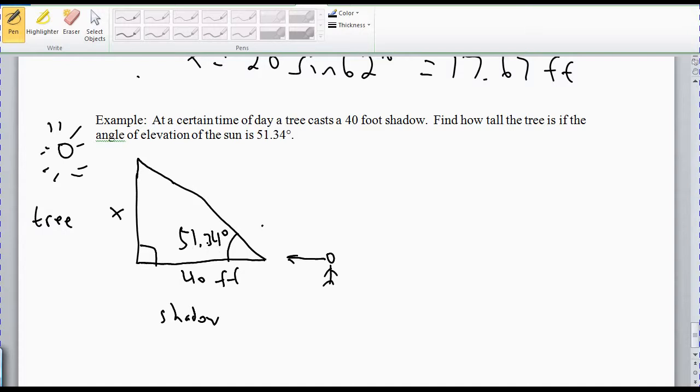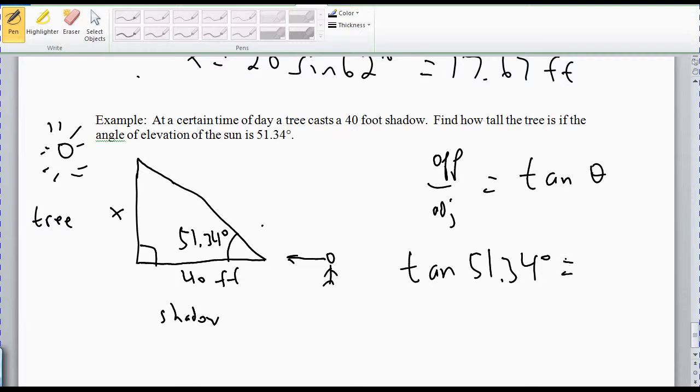So this is our angle. This side is opposite. This side is adjacent. And what is opposite over adjacent? That's tangent. So that's what we're going to use. Tangent of 51.34 degrees equals the opposite over the adjacent, which is x over 40.